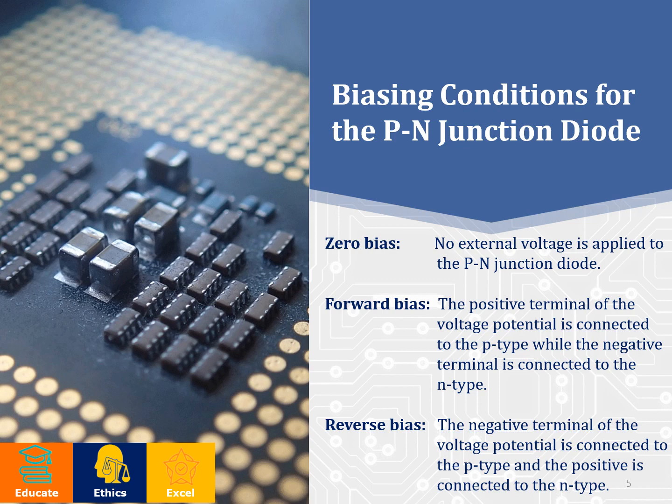What happens in forward bias is the positive terminal of the battery is connected to the p-type material, and the negative terminal is connected to the n-type material. The third is the reverse bias, vice versa. In reverse bias condition, the negative terminal of the voltage is applied to the p-type material, and the positive terminal is connected to the n-type material.